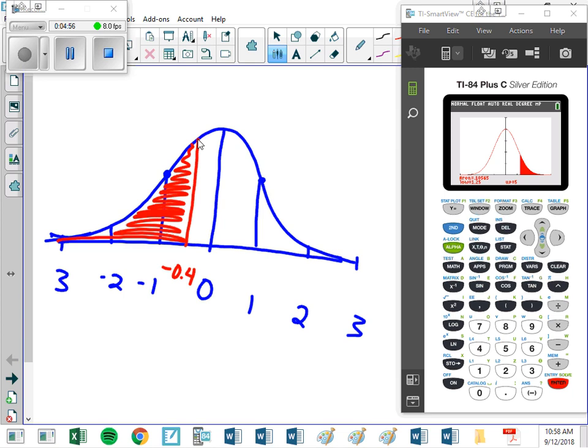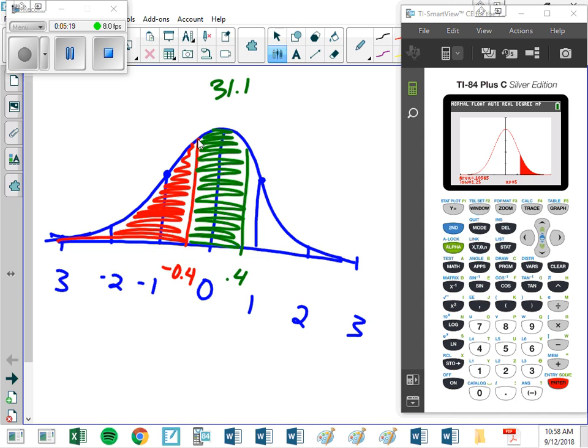You just do 0.4. And 0.4 has an area of 31.1. What does 31.1 describe? The central area between negative 0.4 and positive 0.4. So that area is 31.1.